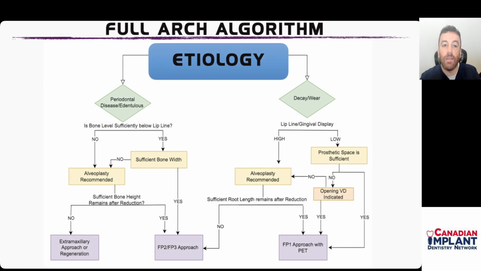And what I've done is I've broken down this approach into a full arch algorithm. And it simply involves breaking down the patient's etiology into either periodontal disease or decay wear patients. So let's look first at periodontal disease or edentulous patients.